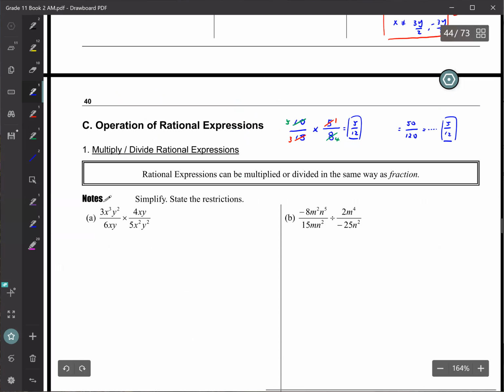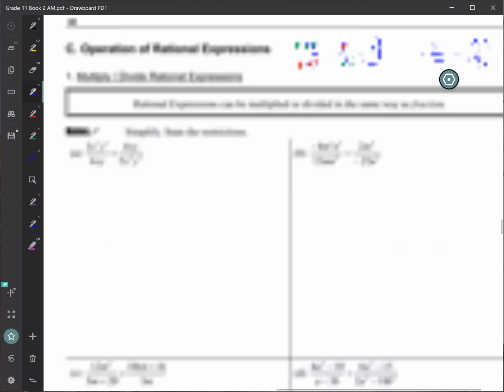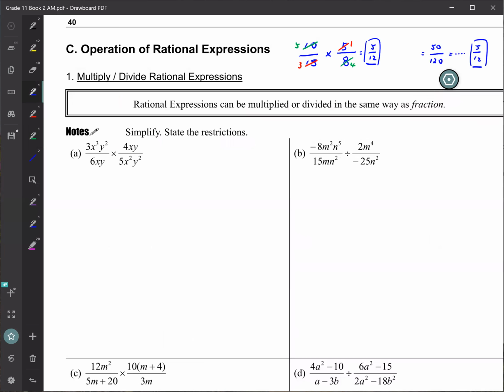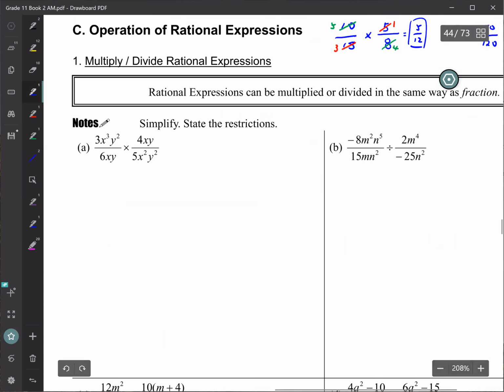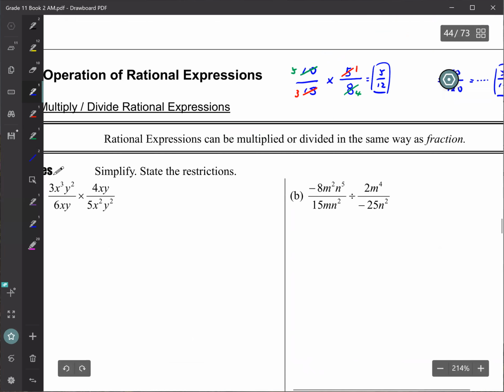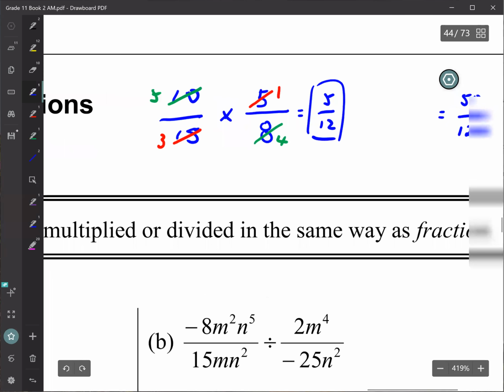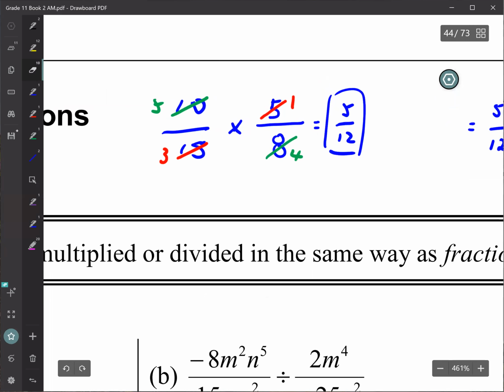Same with the rational expressions, okay? When you multiply, you need to make sure they are all factored. So if you look at the original, the top question, before I do reducing, let me back up a bit. Let me write it down: 10 over 15 times 5 over 8.